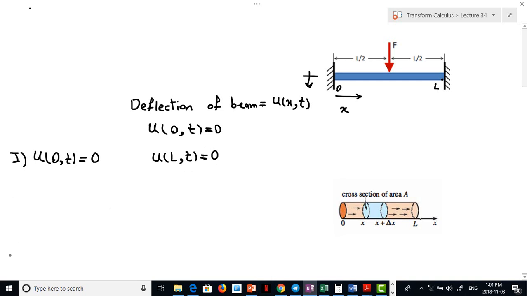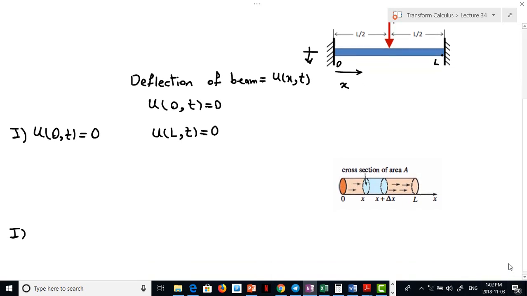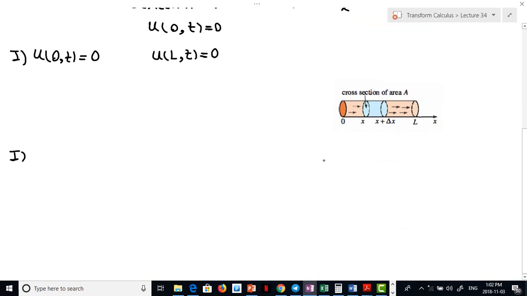We can have the same for the rod and for the heat equation. For this rod, u of x and t is the heat equation, the temperature function.